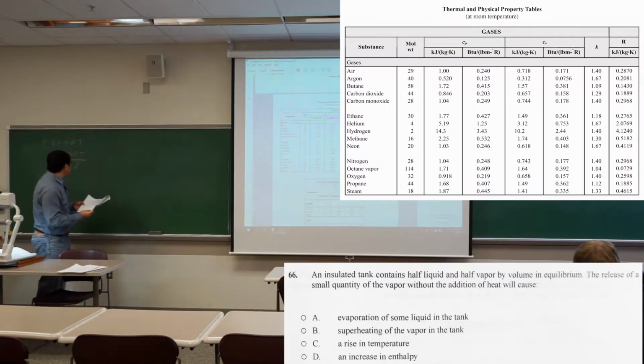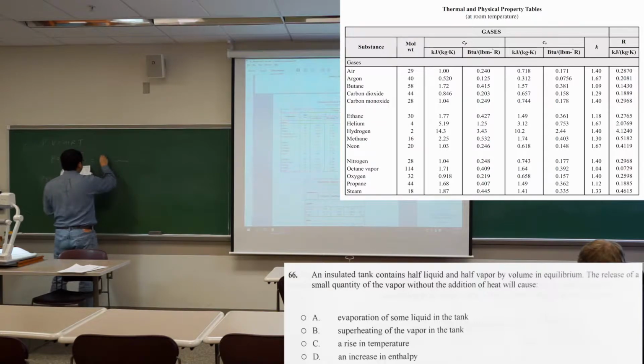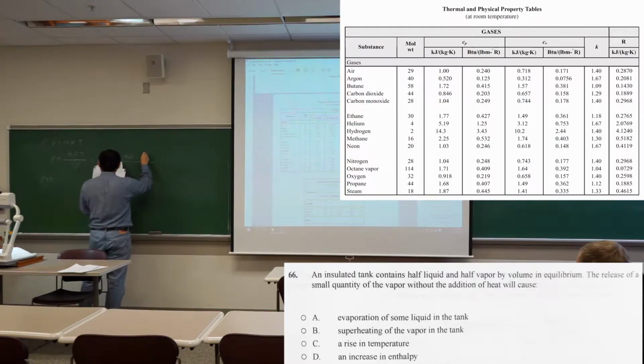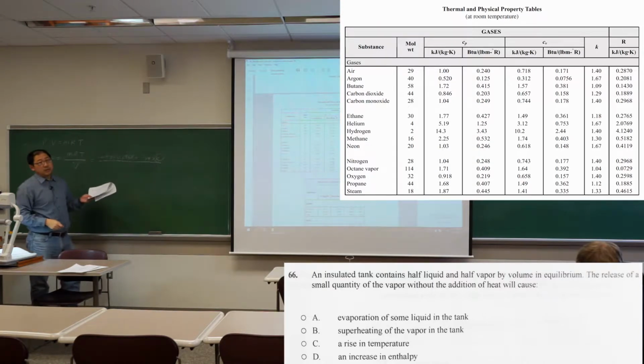You put in all these values, and it's 100 kilogram. R is 2968. And the temperature, you need to make sure, for the ideal gas equation, you have to convert the temperature into Kelvin.